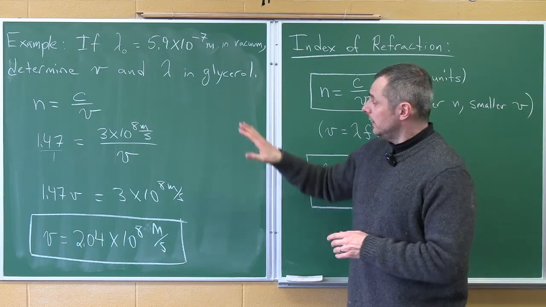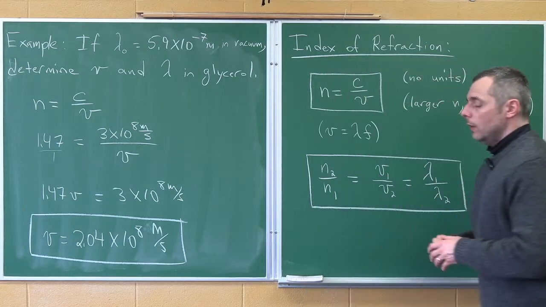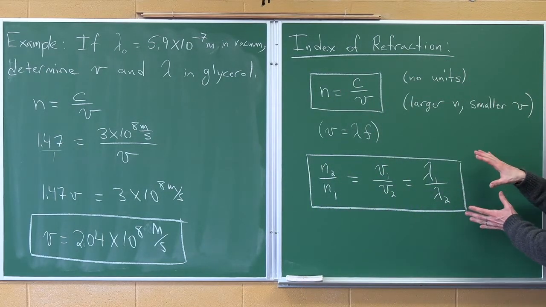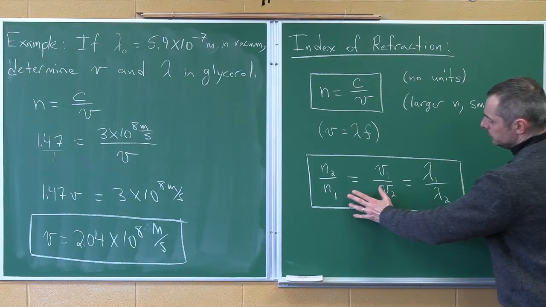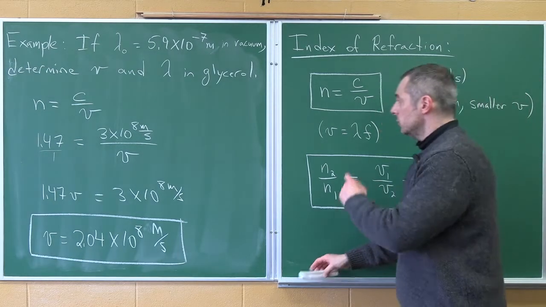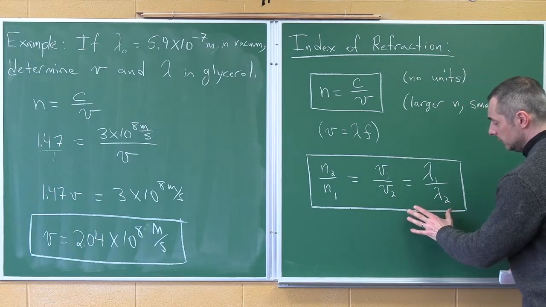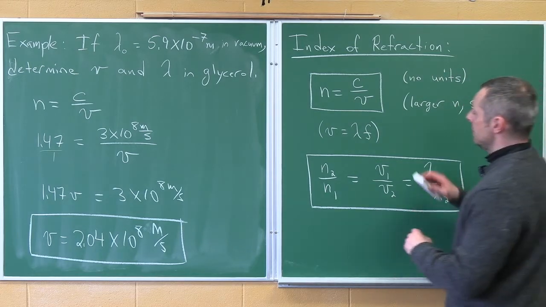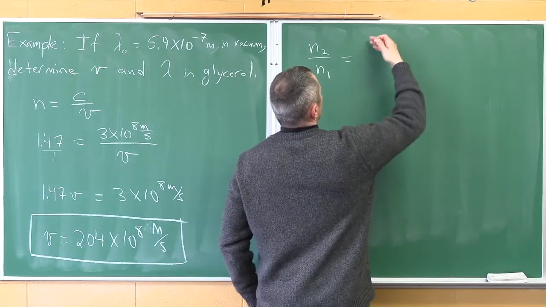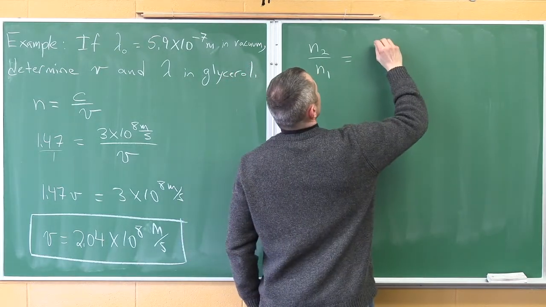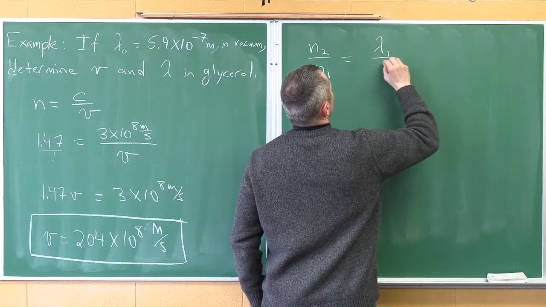All right, next thing, the wavelength in glycerol. Well, you would find this on the reference table, but you look up, and here's your formula that tells you how the wavelength varies based on the indices of refraction. So I'll erase this to make room, but basically this is what we would find in the reference table, as I mentioned. Now there were 3 terms. The speed part I'm going to skip. I'm just going to use the wavelength part.